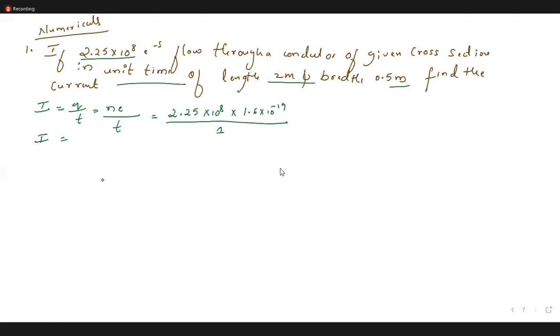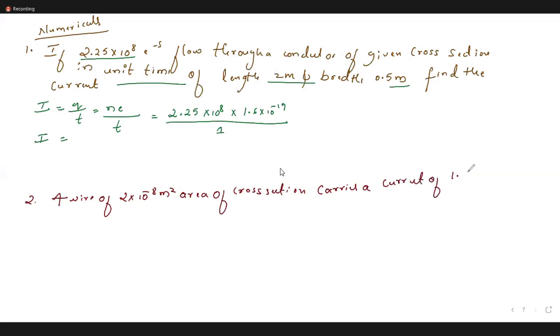Terminal value. Ma'am, the answer is 3.6 into 10 power minus 11.